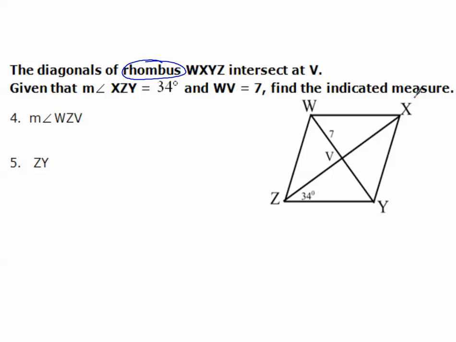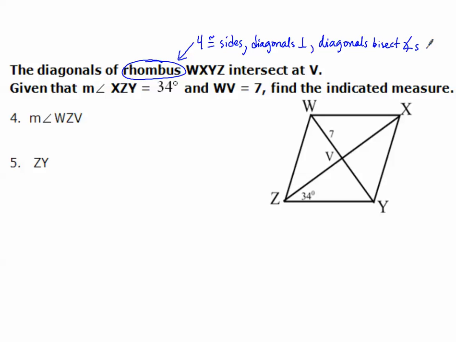Now here's what I'm going to do first before I try to figure these out. It's a rhombus. So what do I know about a rhombus? Let's mark it in the picture. Because it's a rhombus, I think to myself, 4 congruent sides, diagonals perpendicular, and diagonals bisect angles.